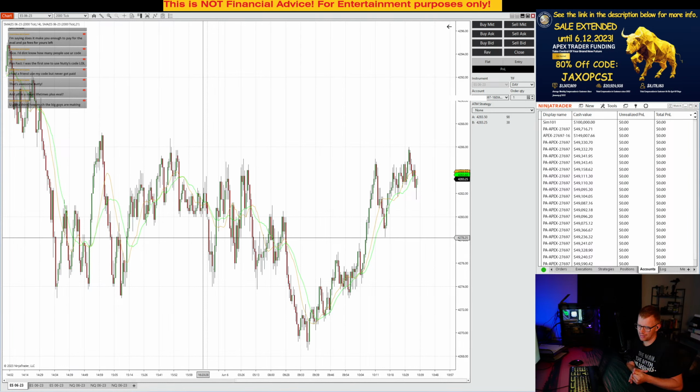After I had blown my PA accounts from that first initial time with Apex, that's when I switched and decided to go on the goal of getting the 20 funded accounts.